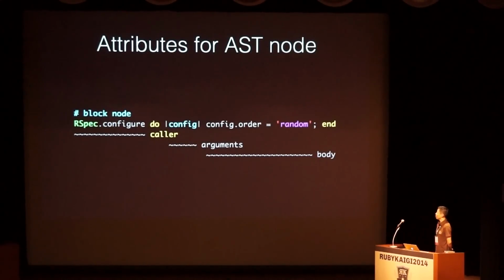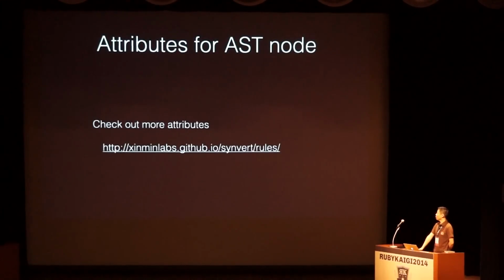For the code RSpec.configure do |config| config.order = 'random' end, Synvert adds attributes: the caller for the block node is RSpec.configure, the arguments is config, and the body is config.order = 'random'. So you can use these attributes to easily write your snippets. And you can check out more attributes on our documentation website.